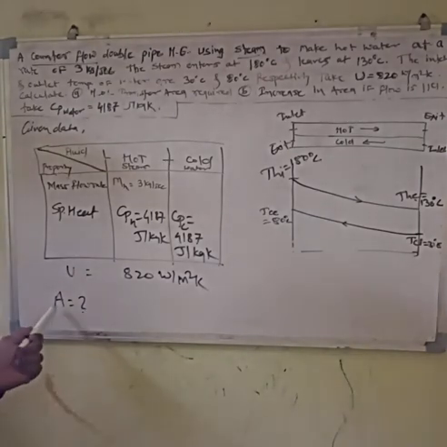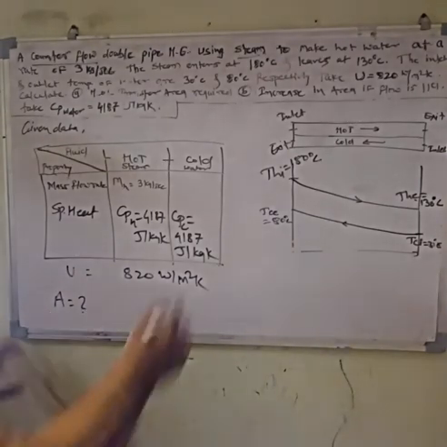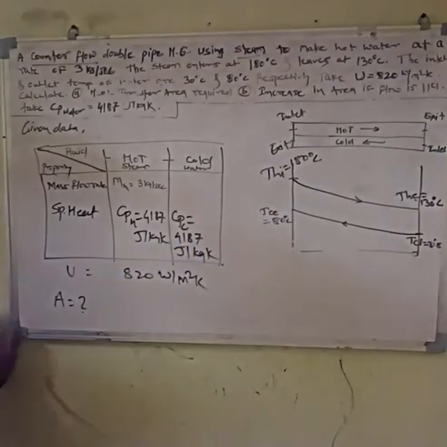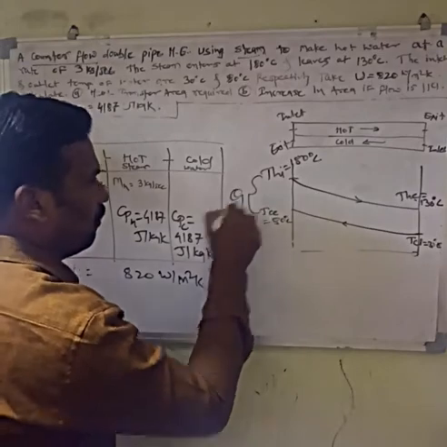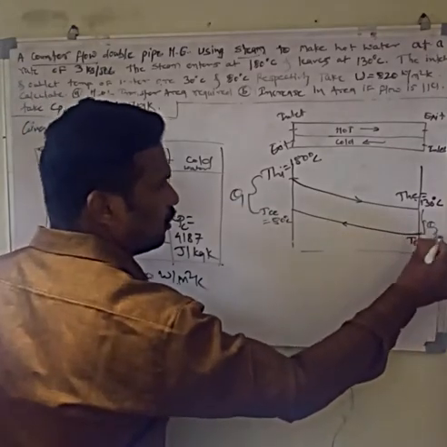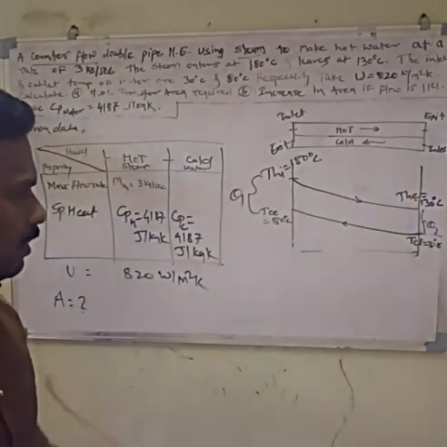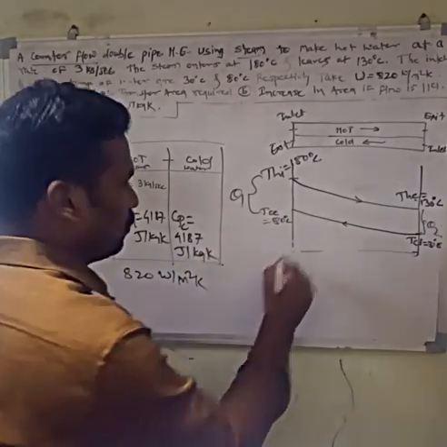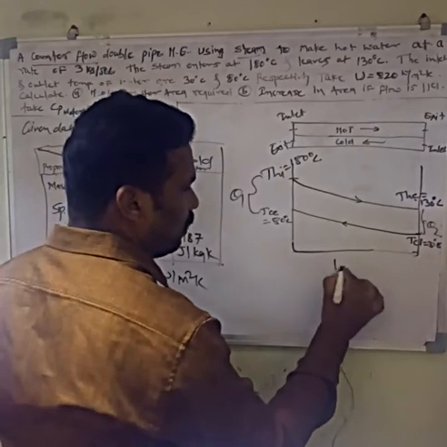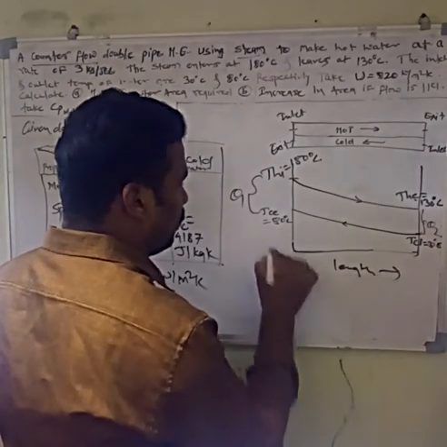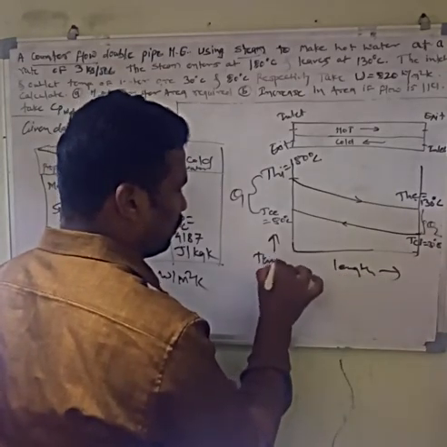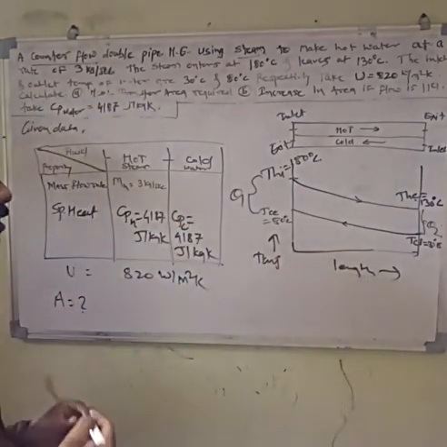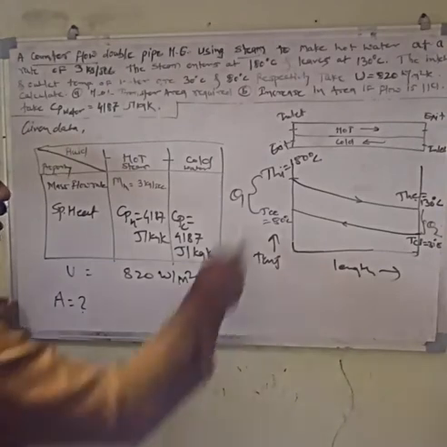Now this figure is very important, because from it we can find the value of theta 1 and theta 2. In this temperature graph, we have length on the x axis and temperature on the y axis. The left hand side difference is known as theta 1 and the right hand side difference is known as theta 2.